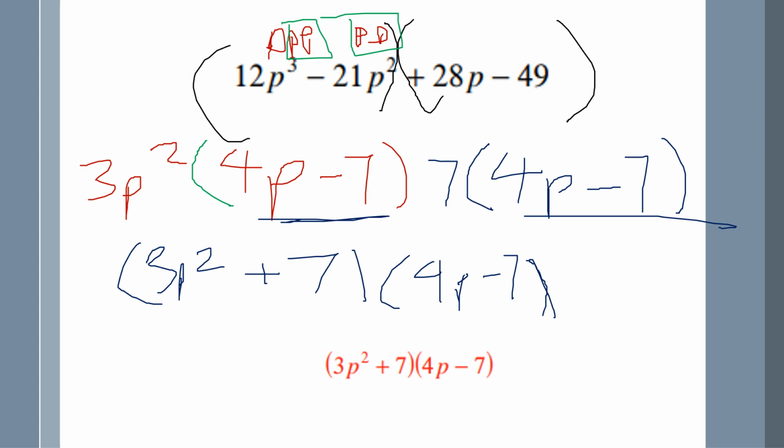I always prefer my outside and my inside. That's how I write my factors. And it looks like they wrote their things the same way. Again, you could say 4p minus 7, 3p squared plus 7. Does not matter. And that is us getting our final answer to it. I think you guys got this one down to a science, so let's move on.